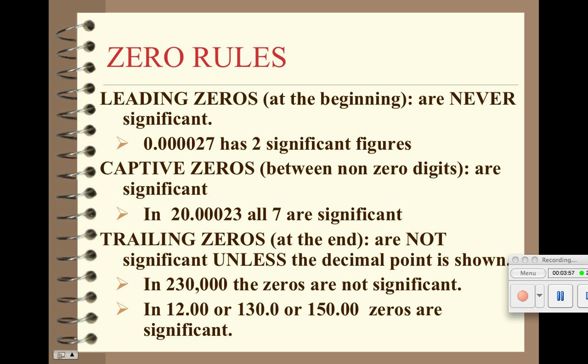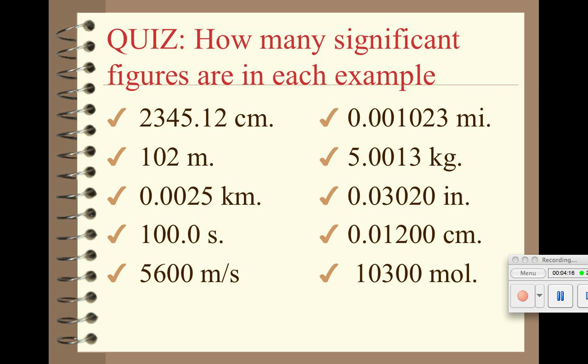In this particular case where I do have a decimal, 12.00, these zeros then do become significant. So this 12.00 has 4 significant digits. This 130.0 has 4 significant digits, and this 150.00 has 5 significant figures.